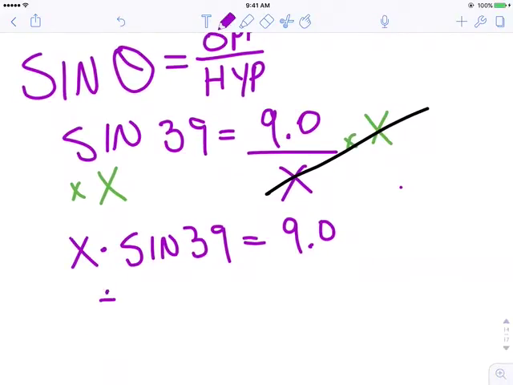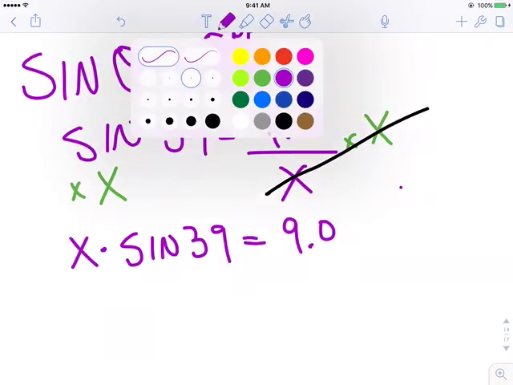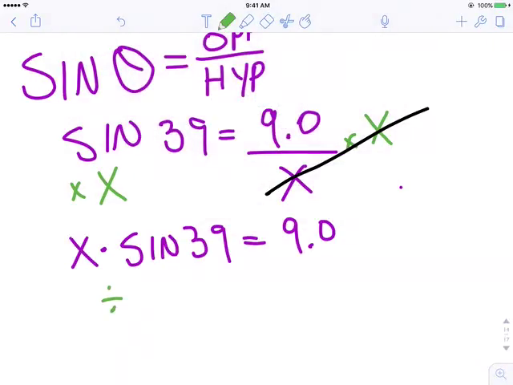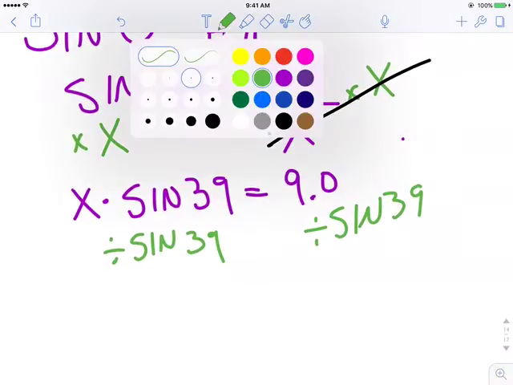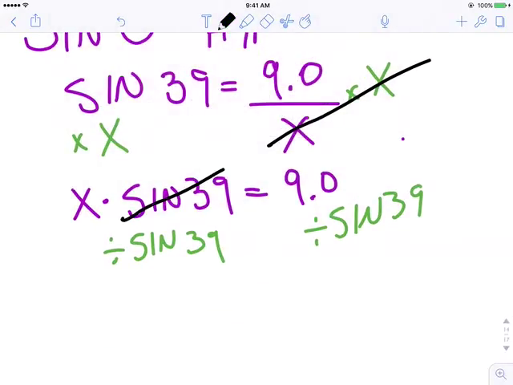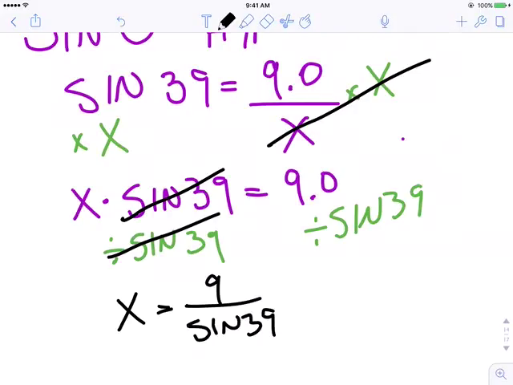Again, I'm going to divide. I'm going to divide by the sine of 39 degrees, divide by the sine of 39 degrees. What happens here is these will cancel. I'm left with x is equal to 9 divided by the sine of 39 degrees.